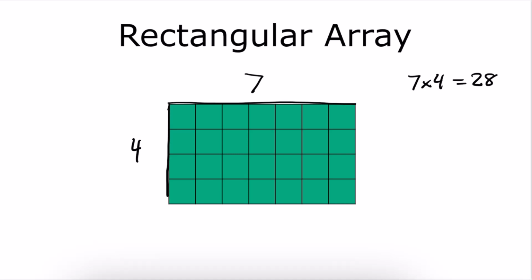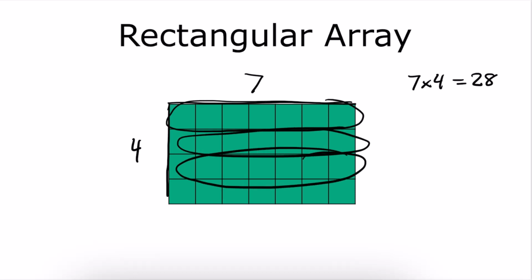And this is kind of similar or related to the idea of repeated addition. It's just organizing the items a little bit more clearly. Because basically what we have here is 7 plus 7 plus 7 plus 7. They're just arranged in a rectangle, so they're really easy to see. And so this is the rectangular array model.